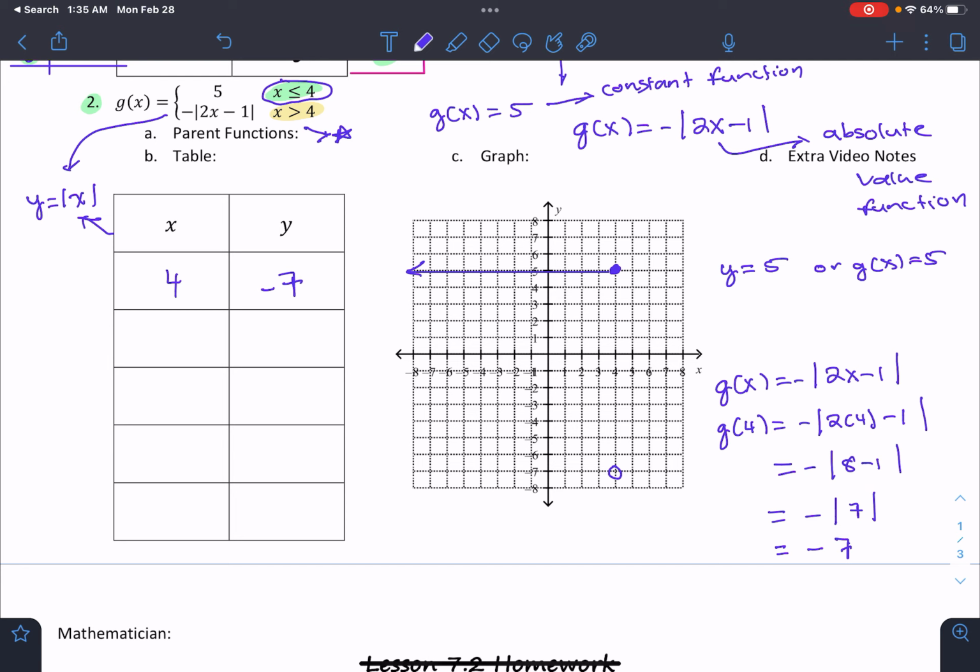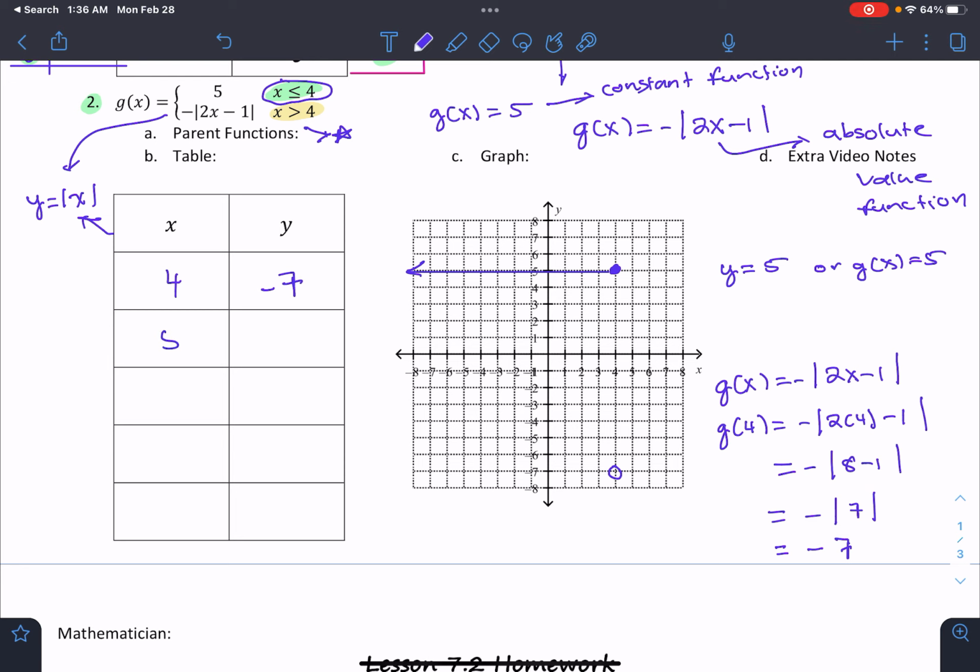Everything after 4 is good. So we always plot the value at 4, or whatever value is given to you, just to show where it ends or starts. That's why I'm going to show an open dot there. So now we have our value for 4.